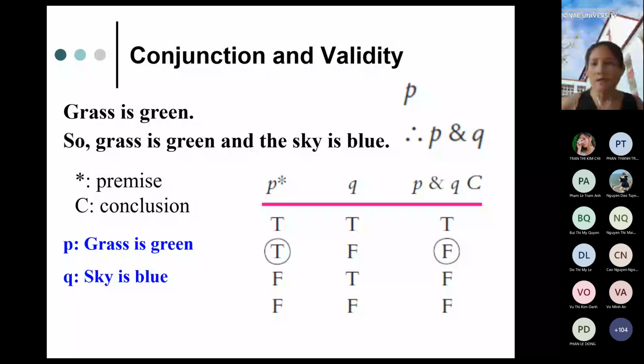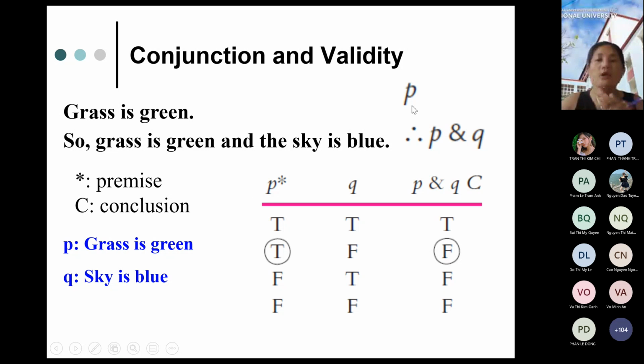In this case, someone is lazy and just puts the asterisk on the column of the variable P, because that is the same as the premise, isn't it? And then put the C in the column of the conjunction, because this is the conclusion column.